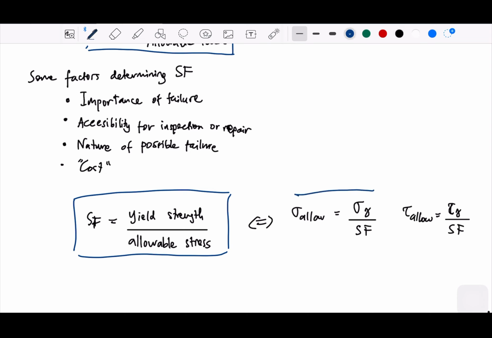Of course, this is for axial deformation; this is for tensile, this is for the shear.